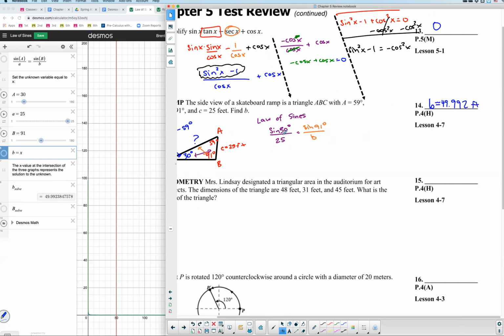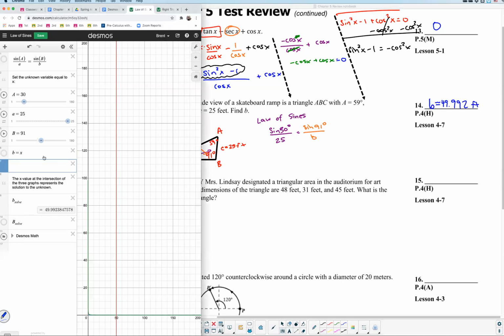Again, if you wanted to do this by hand, you'd cross multiply. So you'd have 25 sine 91 equals B times sine 30. And then you would divide by sine 30 to get your answer. So this is the algebra, if you don't want to use the calculator: you'd have 25 sine of 91 degrees divided by sine of 30.